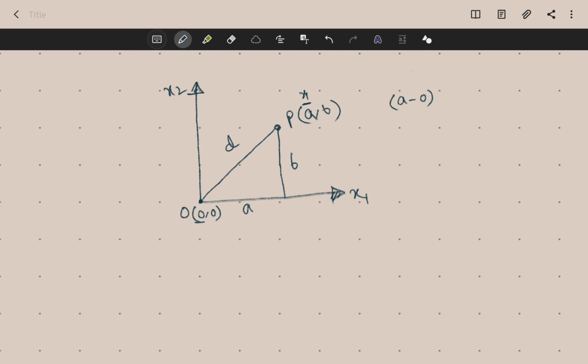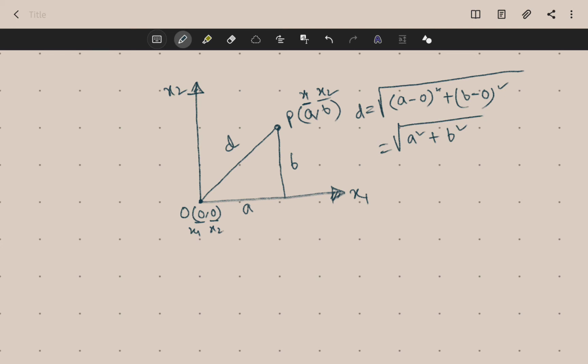Then according to the formula, we take A minus 0 squared, plus B minus 0 squared, where B is the x2 component of P and 0 is the x2 component of the origin. That gives B square, and then we take the root. So D will be the root of A square plus B square.